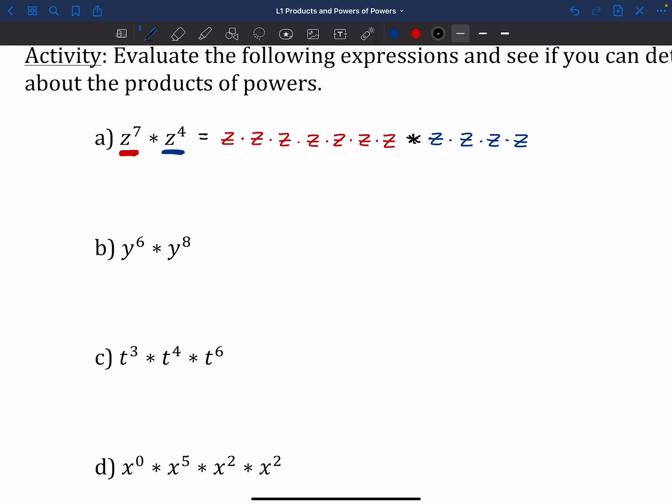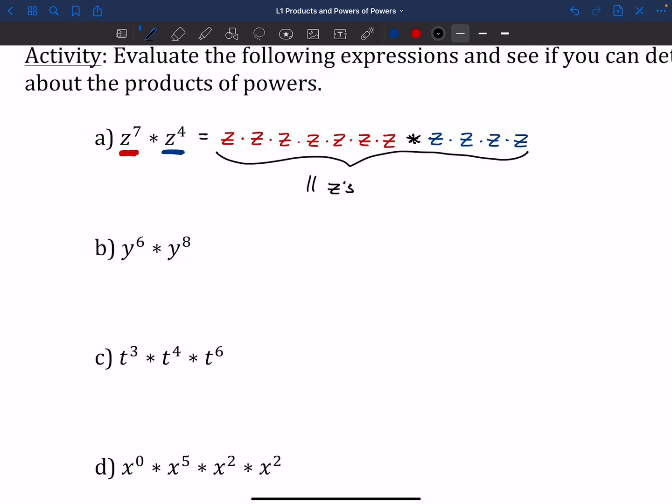But if I'm multiplying all of these together, isn't there a better way to write all that? I definitely don't want to write it out as all those z's. So let's take a second, let's count up how many z's there are. There's 7 in red, there's another 4 in blue. That means that all together I have 11 z's.